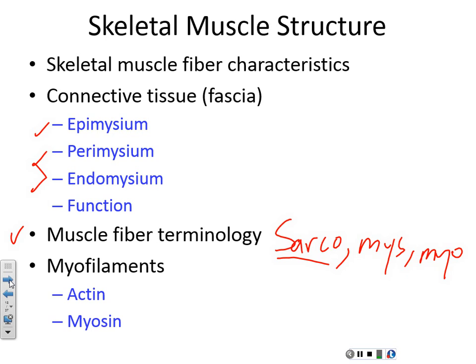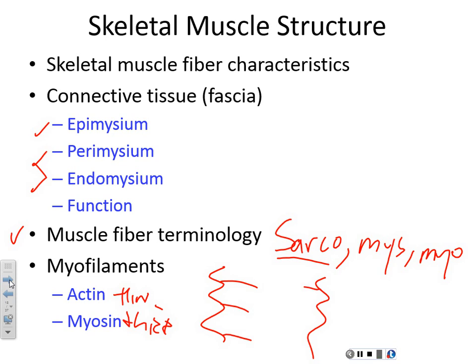So actin, thick or thin filaments? Thin, yes, thank you. And then, of course, this is the thick filaments. Okay, and then the arrangement of them is like that, right? Like so. And then in the middle you have the thick filaments like that. It's supposed to be straight, okay?